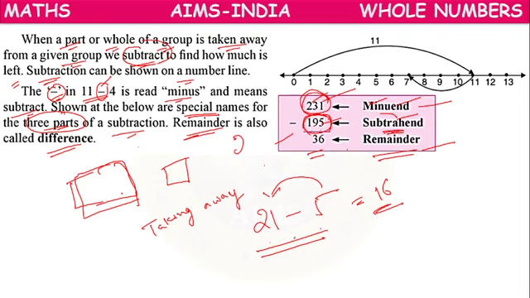Instead of saying subtraction of 21 and 5, in usage we pronounce it as the difference of 21 and 5, which results in 16. So the remainder is sometimes also called the difference.